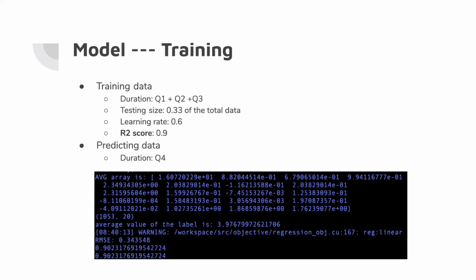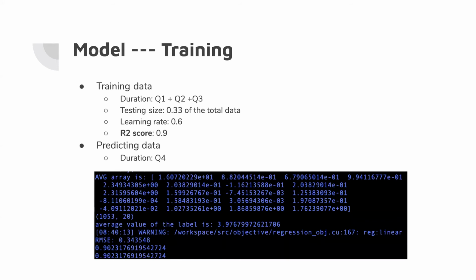So now I'm going to talk more about the XGBoost model. For the training data, we use all the vectors from Q1 to Q3, and we use 33% of the total data as our testing data, and the rest, 67%, is our training data.